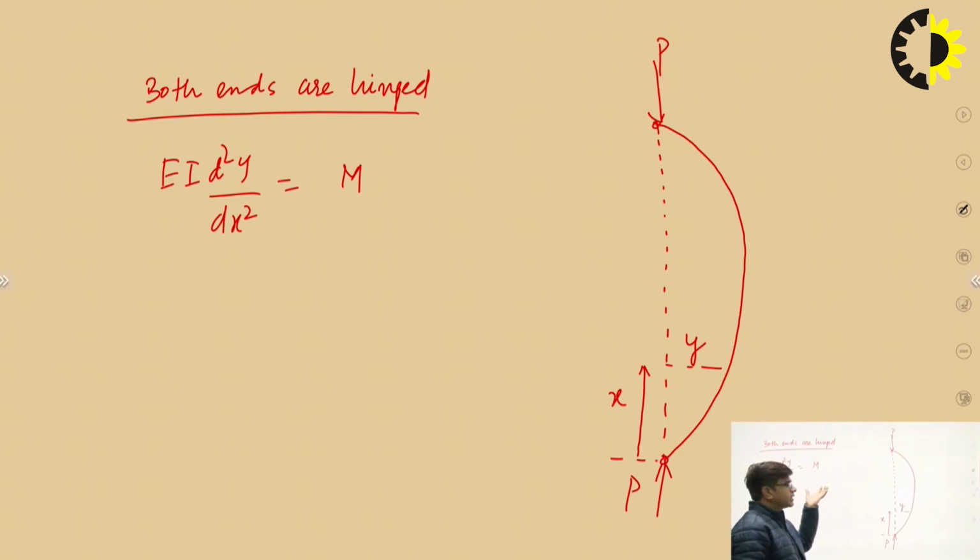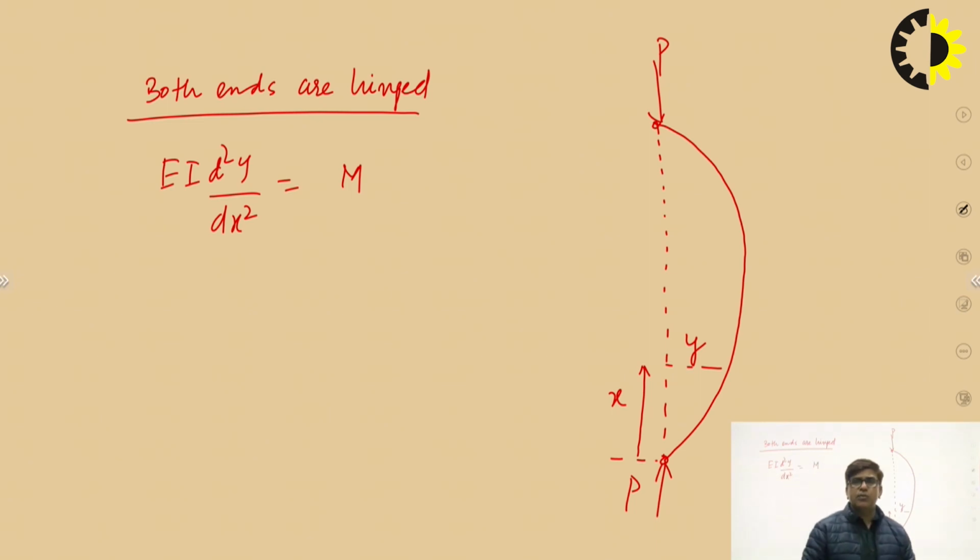Now how will we consider the sign of bending moment, whether positive or negative? Very easy to understand. If the curvature of the column is like this, meaning concavity towards the initial center line of the column, it is considered negative.